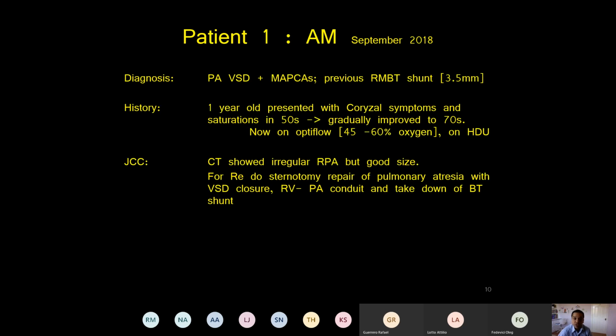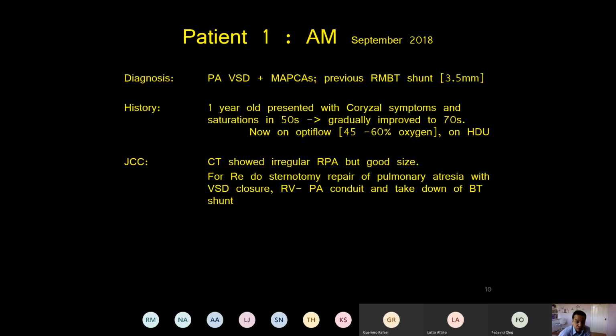So this was the neonatal period for Maya. Now we have a patient with pulmonary atresia, VSD. I've put MAPCAs as a diagnosis, but I don't know why that came, and she had a previous BT shunt. Now she's come at 1 year of age with coryzal, cough and cold kind of symptoms, and she's desaturated, with saturations in the 50s.